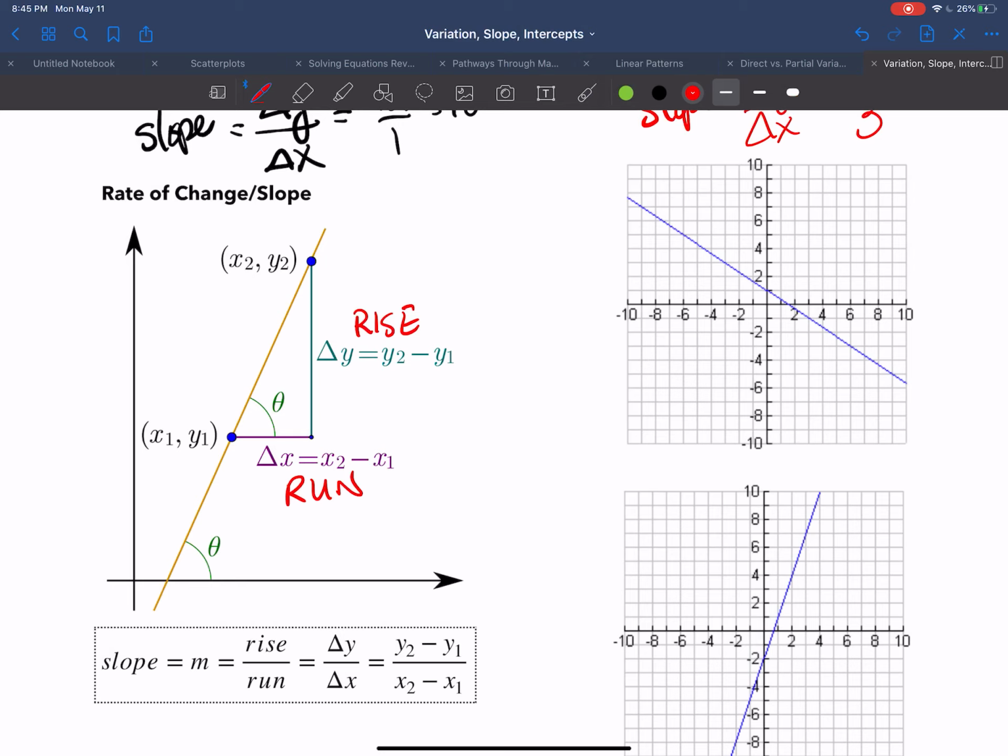On the graph, it doesn't matter what 2 points you pick as long as you know what the coordinates are. Looking at this first one over here, I see we have the point 0, 1. Then I try to find another point. It doesn't matter what the point is, as long as I know the coordinate. So I'm going to choose that one there. It's 9, -5.